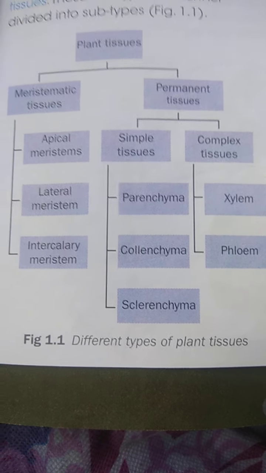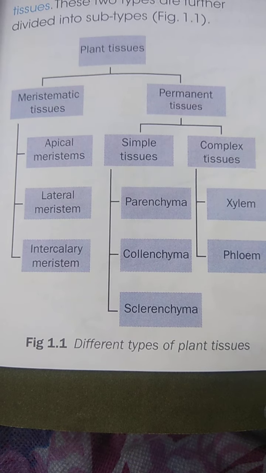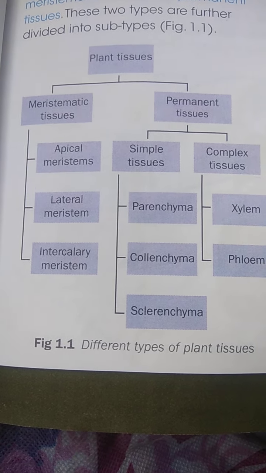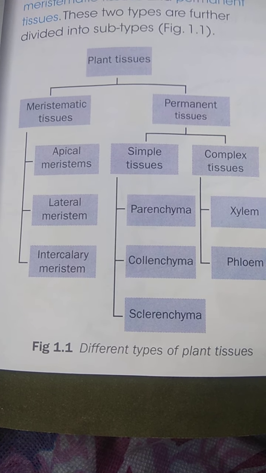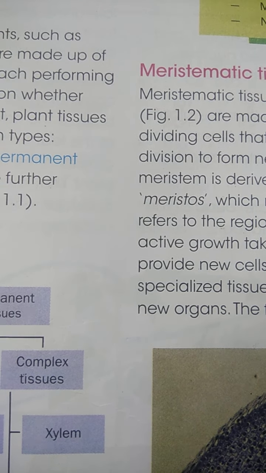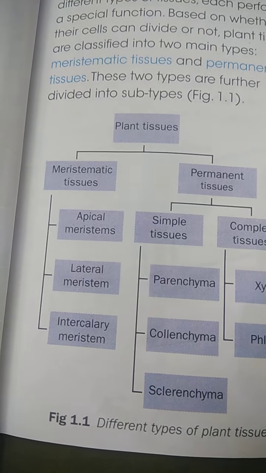And the word meristematic is derived from the word meristos, written here M-E-R-I-S-T-O-S. This is a Greek word, and the meaning of meristos is divisible.